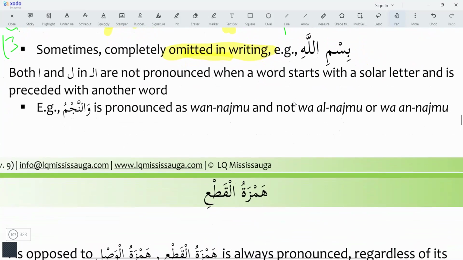Okay. Then with the solar letters, both Alif and Lam of Alif Lam are not pronounced when a word starts with a solar letter and is preceded by another word.